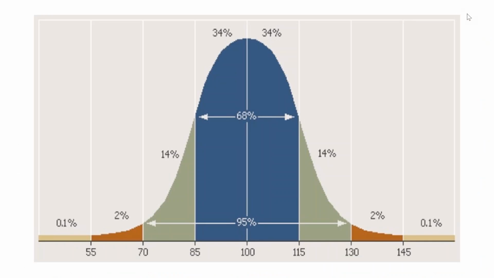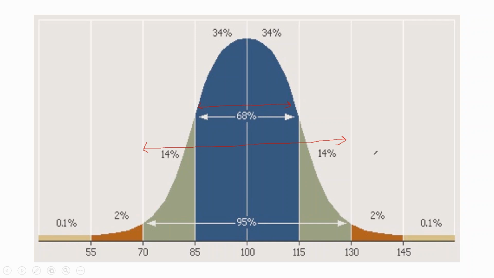So let us see what this 2 standard deviation actually is. As everyone has read in school, in the standard deviation concept, one standard deviation is 68% and two standard deviations is 95%.